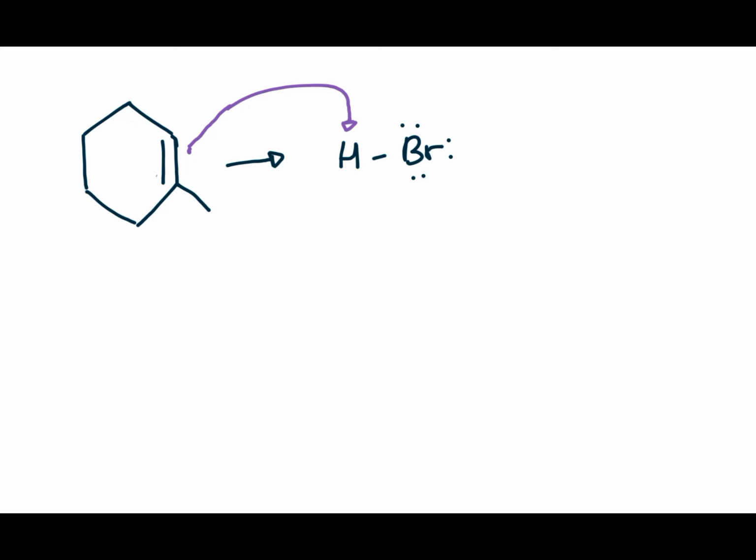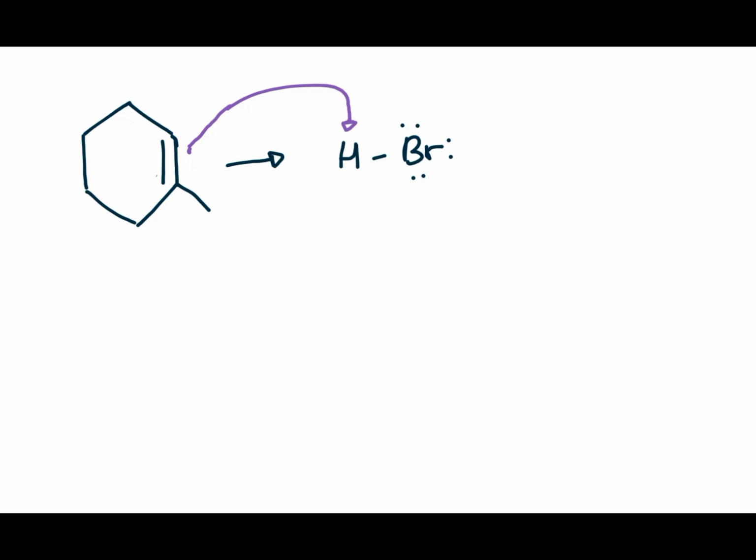And I'm realizing that it's a little confusing because here it looks like there's 4 bonds to the carbon, but we have to remember that this double bond is breaking as it attacks the hydrogen. So this is tertiary and this is secondary.